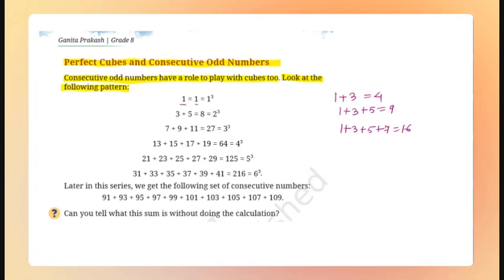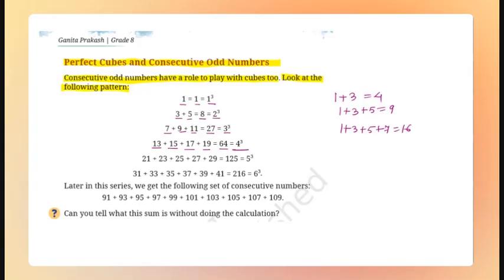So 1 is equal to 1, which is also a cube of 1. Then the next two odd numbers are 3 and 5. When we add them, we get 8, which is a cube of 2. Then the next three odd numbers, 7, 9 and 11. When we add them, we get 27, which is a cube of 3. Then the next four odd numbers, 13 plus 15 plus 17 plus 19 gives you 64, which is a cube of 4.